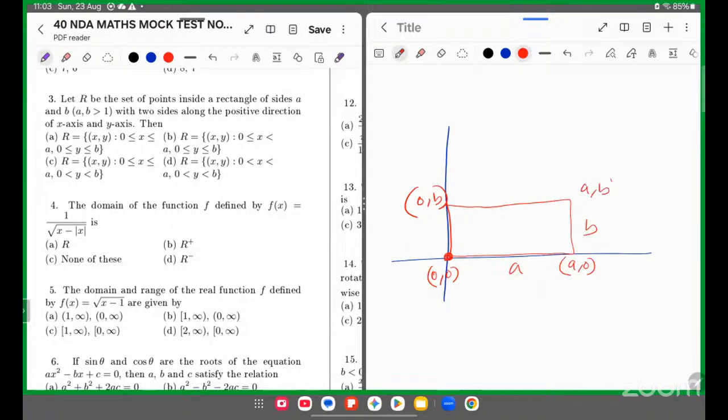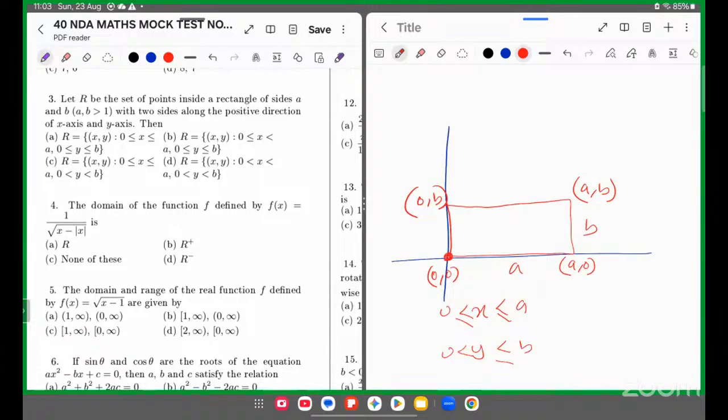This is A comma B. So for the set of points, x will always be between 0 and A, and y will always be from 0 to B.